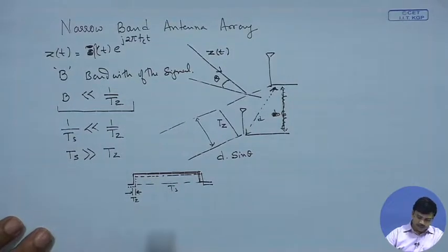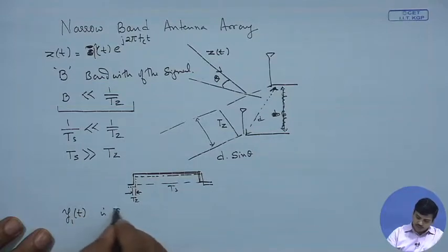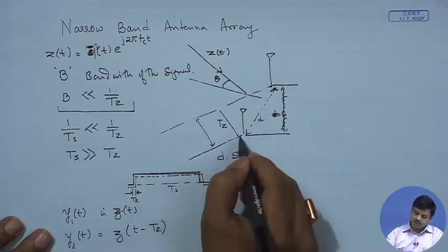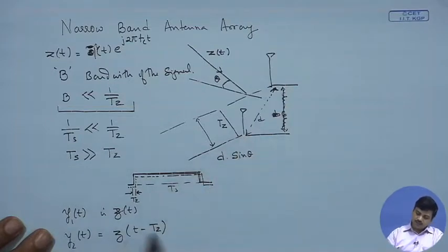So, let us say the signal which has arrived at the first antenna is y1 of t equals z of t. Then the signal y2 of t which has arrived at the second antenna is z of t minus Tz. That means the signal here takes extra time Tz, or the signal has started Tz before.